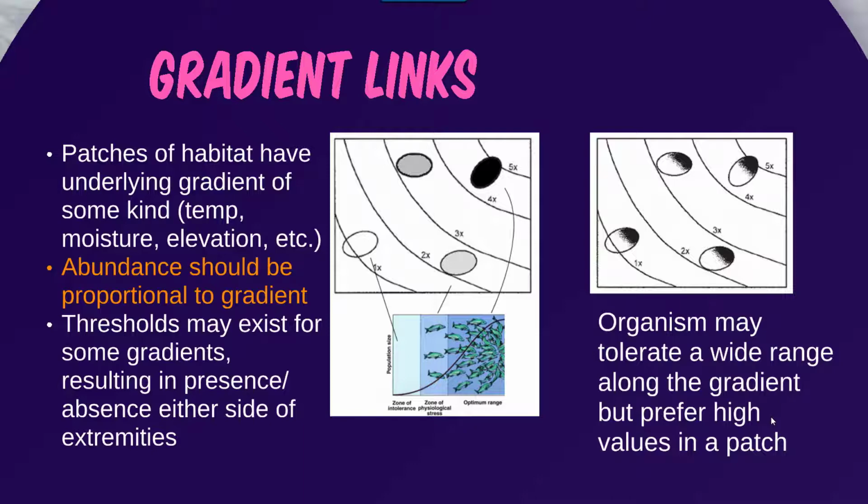So while gradients are oftentimes expressed as an optimal range, there are certain times where you will find populations to be more heavily weighted in the section of a patch or in a habitat where there's going to be a higher level of the ideal gradient present.